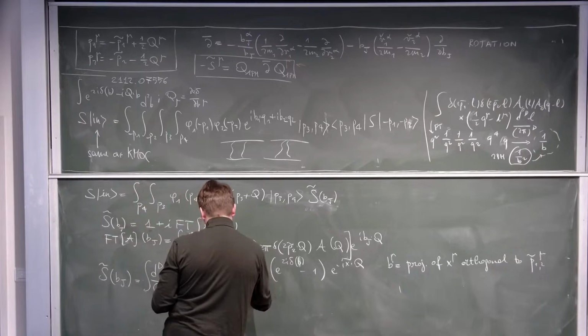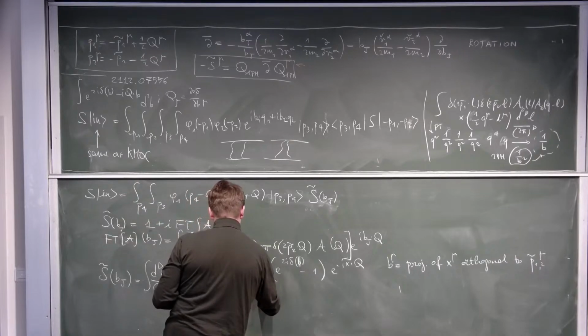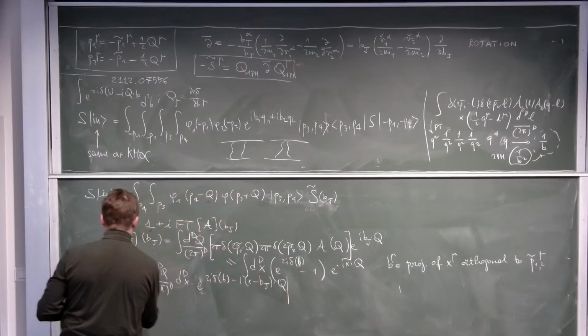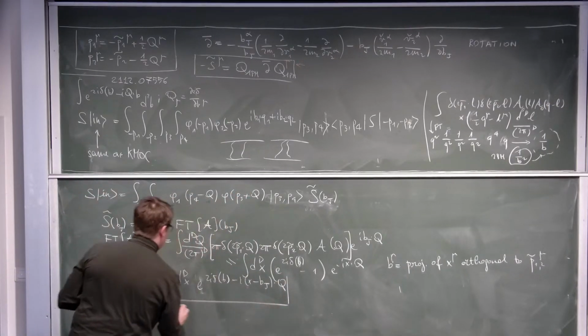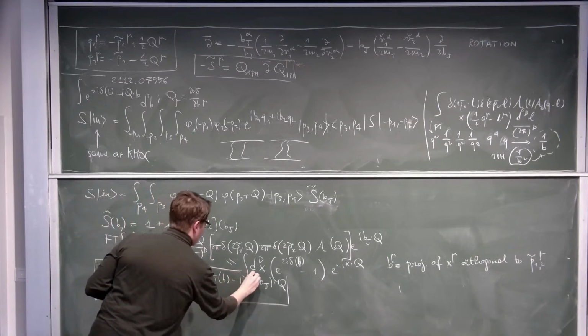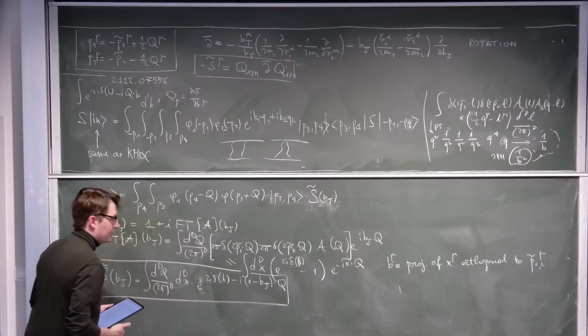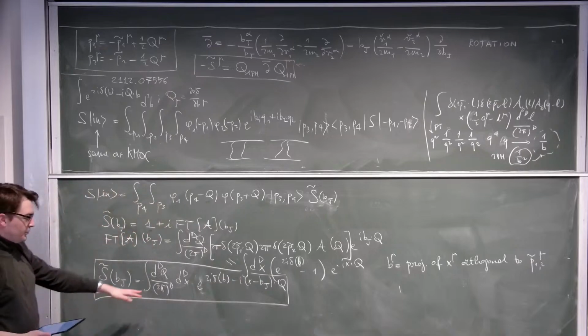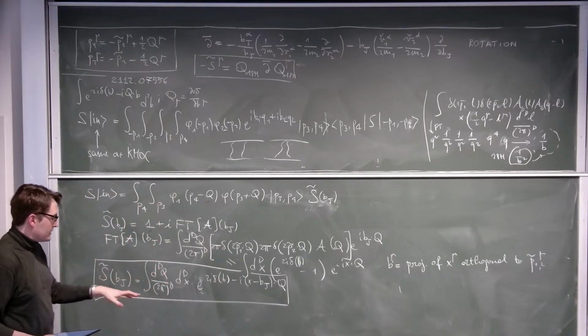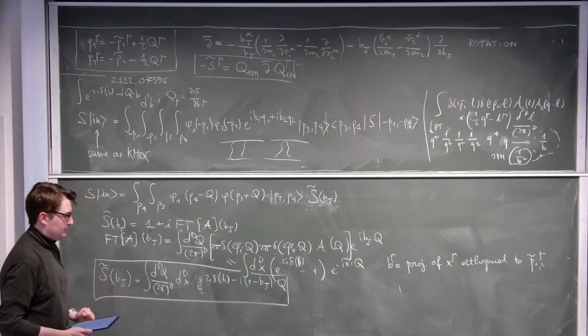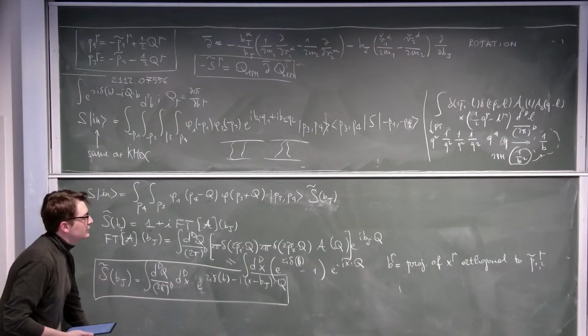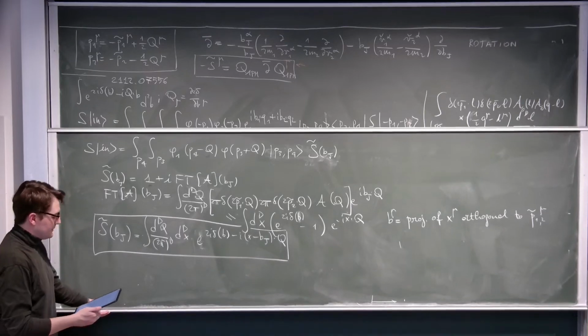Times e to the minus i x minus b_j dot q. And the idea now is that we should apply our stationary phase argument to this full integral, which, as you can see, is non-trivial both in x and in q. Let's see how this works.